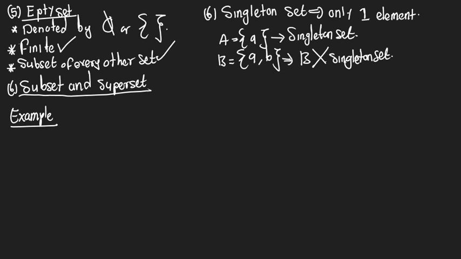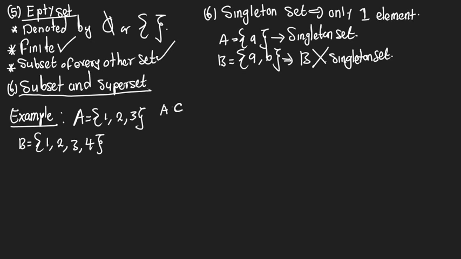Example. Let me give an example. If A contains this set, 1, 2, 3, and B contains this set, 1, 2, 3, 4, we say that A is going to be a subset of B. Why?